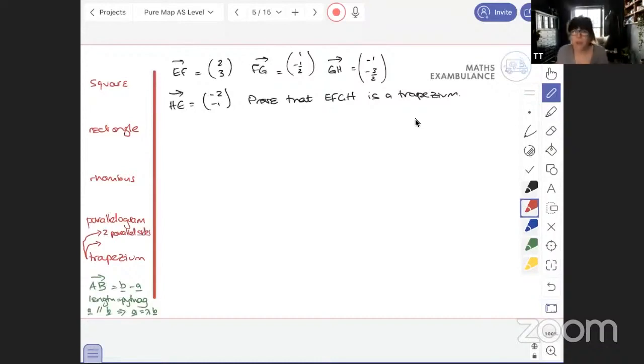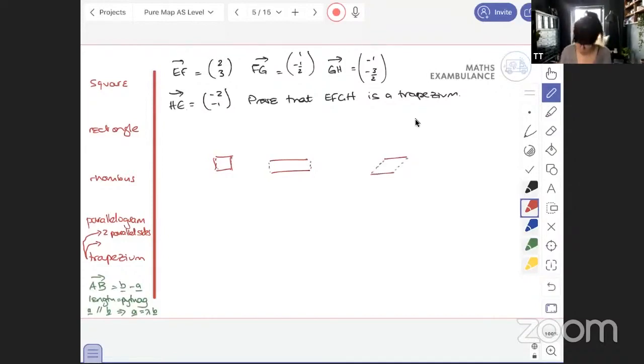Now, from this point, I'm narrowing it down to not being the other things. A square has two parallel sides, so it might be a square. A rectangle has two parallel sides and another two parallel sides, the same as a square, actually, so it could be a rectangle. A rhombus has two parallel sides, and in fact another two parallel sides.